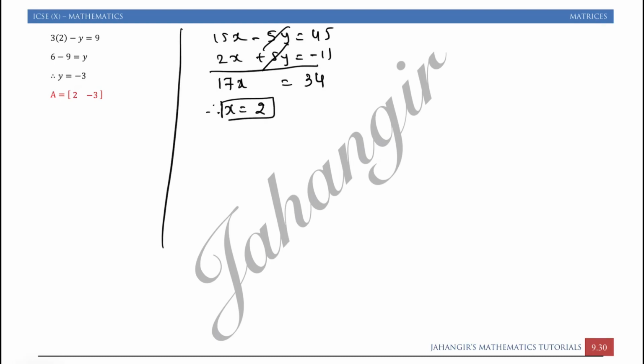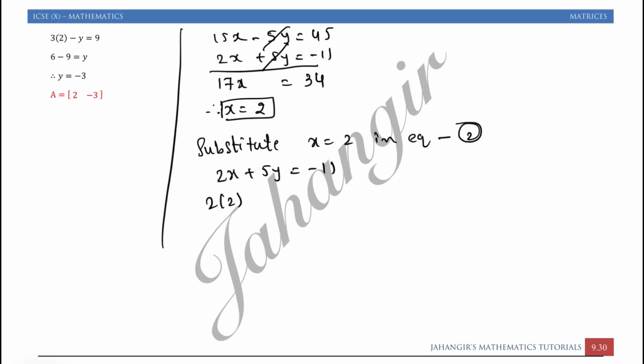We got the x value. Now substituting the x value in any equation, substitute x equal to 2 in equation, let's say 2x plus 5y is equal to minus 11. 2 into 2 plus 5y is equal to minus 11. 5y is equal to minus 11 minus 4. 5y is equal to minus 15.